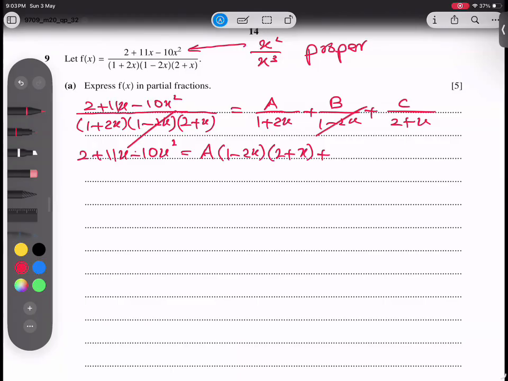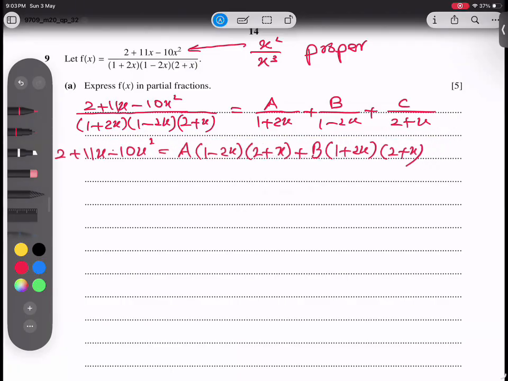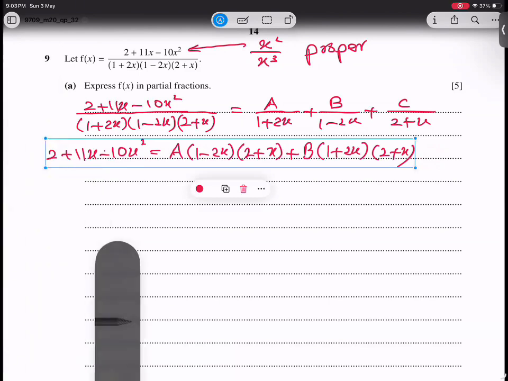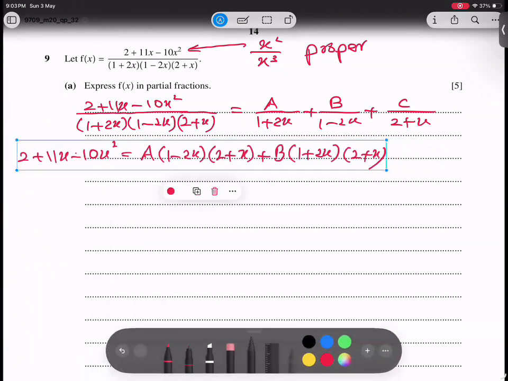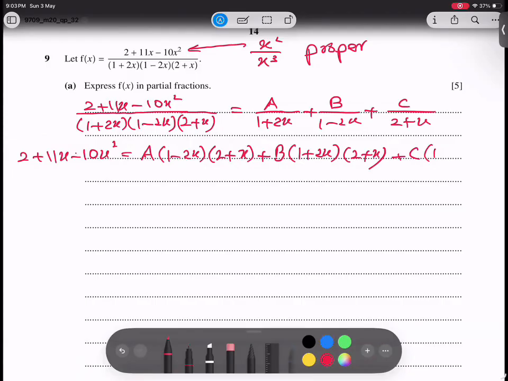B multiplies 2, 1 plus 2x into 2 plus x, and finally C multiplies 2, 1 plus 2x into 1 minus 2x.